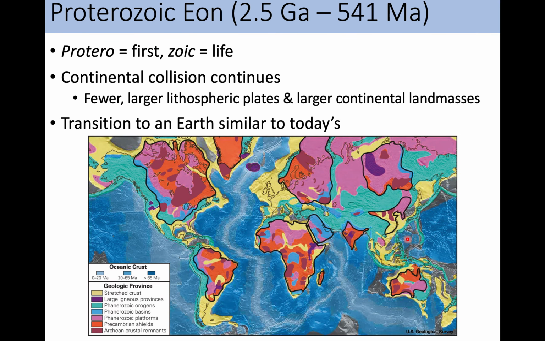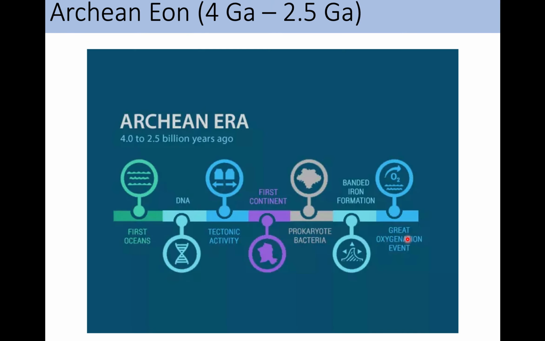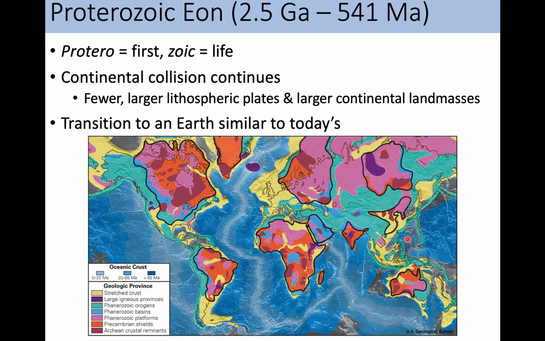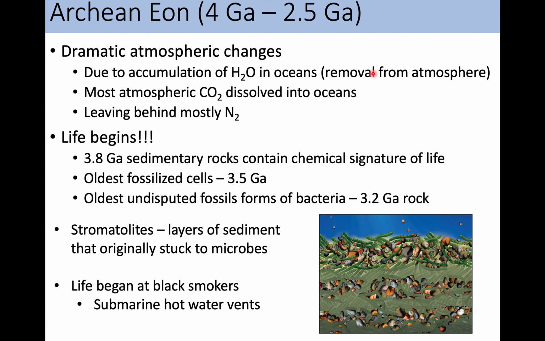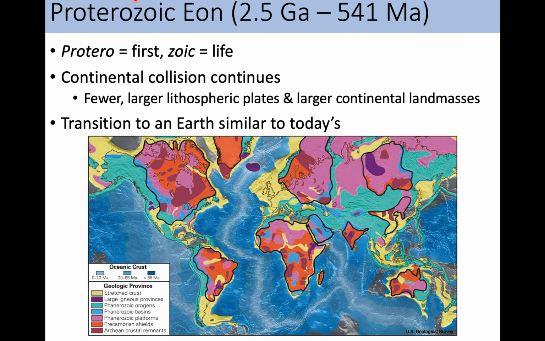So if we move on past our Archean eon to the Proterozoic, this is from 2.5 billion years ago through 541 million years ago. So this is a very, very, very long eon. And this is actually named after the word for first life. That's because we did not have the evidence to prove that life began in the Archean eon when these times were named.